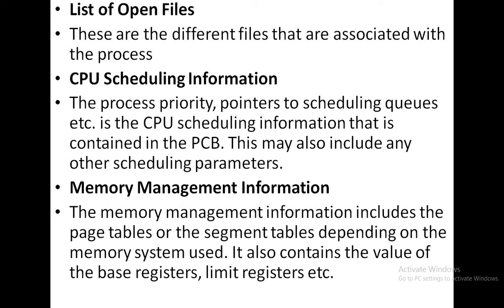It also contains the value of the base registers, limit registers, etc. That means whenever a process gets loaded inside the memory location, it contains several pages, and when it is given to the processor for execution, the pages or instructions related with the process are executed by the processor.